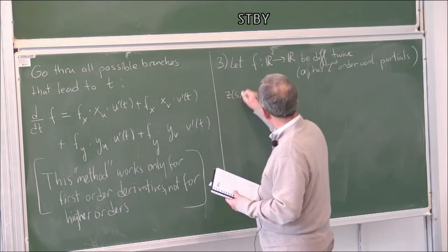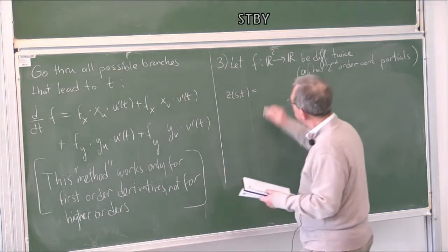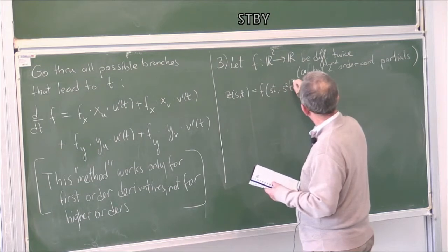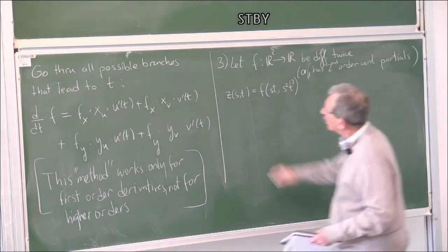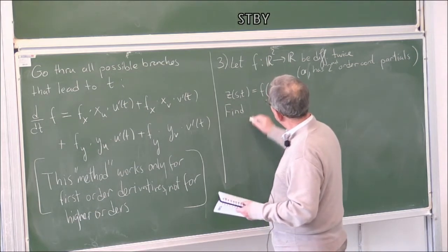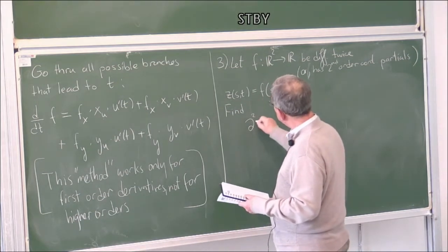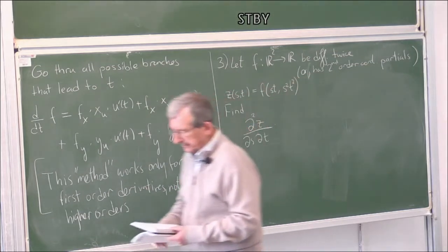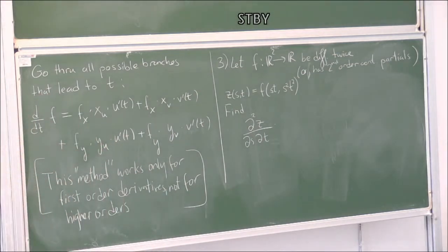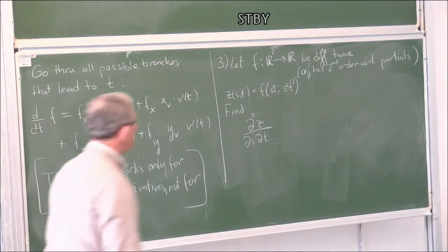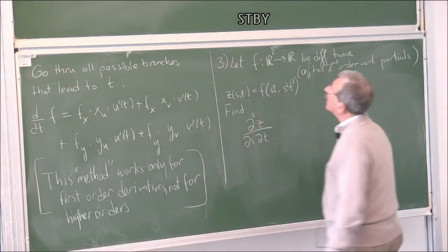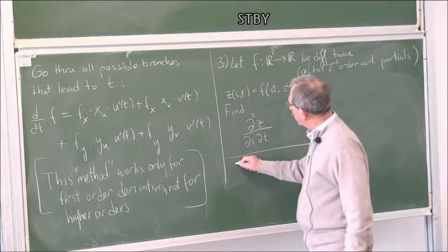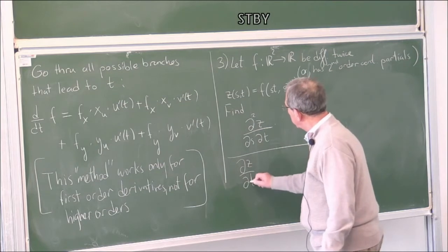z of s, t is f of st and s squared t squared. Question is, find the second derivative of z, with respect to t first and then s. Now to find this, of course, we have to calculate del z, del t first.